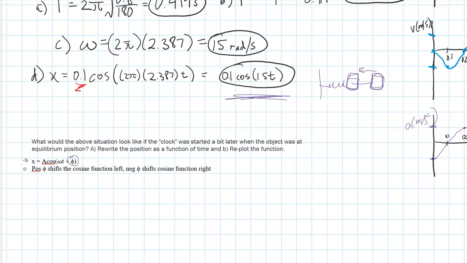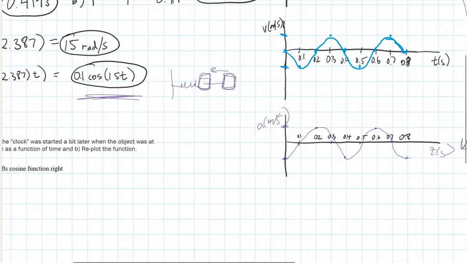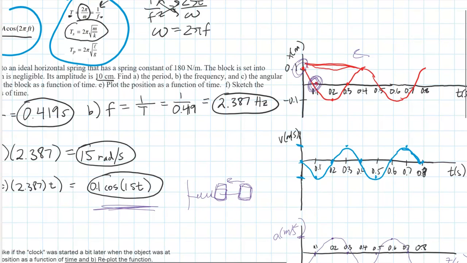And remember, this thing here was called the phase angle, pronounced phi. So a positive phi will shift the cosine function to the left, and a negative phi will shift the cosine function to the right.